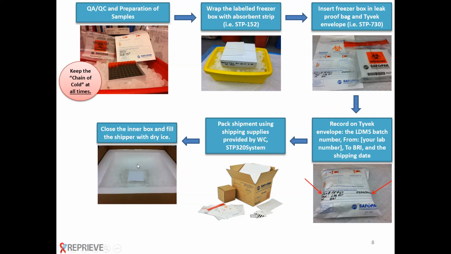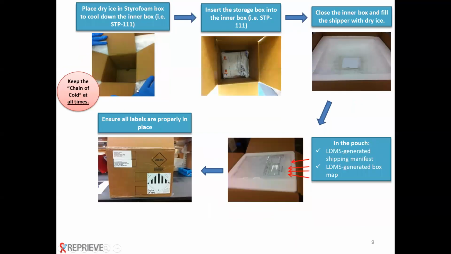Our last image here, we see dry ice. So we have some dry ice on the bottom. Then we have our box in place in the Tyvek envelope, surrounded by dry ice, and then more dry ice on top. Now, there's our inner box.